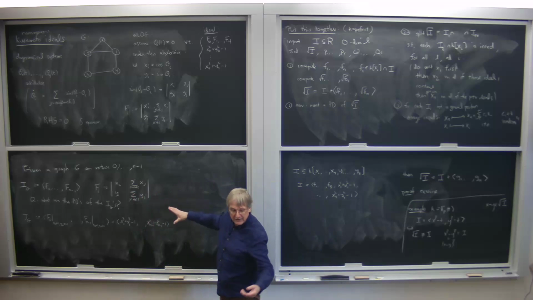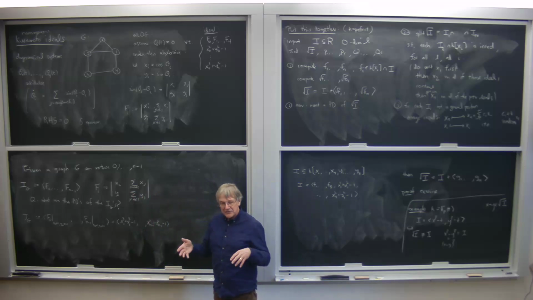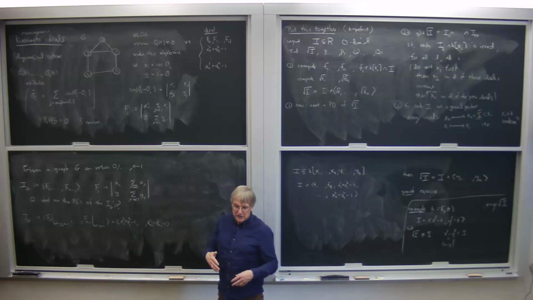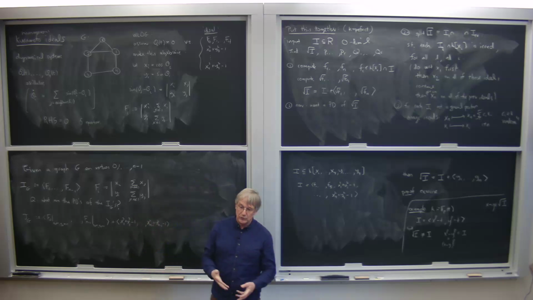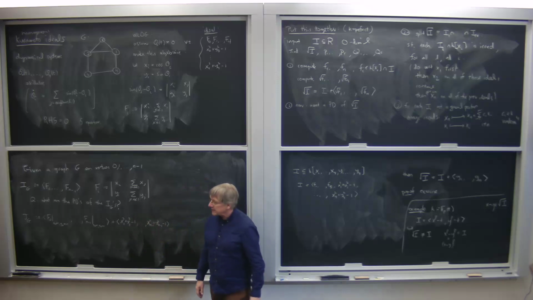I mean, I'm showing you a graph that has 5 vertices or 4 vertices or something like that, 5 vertices I guess, and up to 8, you can start using numerical algebraic geometry methods in Macaulay2 to solve it. But then you can maybe go up to 9 or 10 vertices, but the primary decomposition is out of reach at that size. So the question is, could one find a way of doing that? That would be kind of cool. Or even finding the points, because actually none of the stable points can occur on higher-dimensional components.